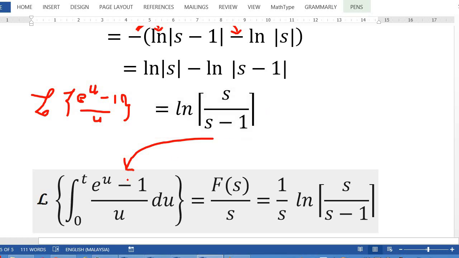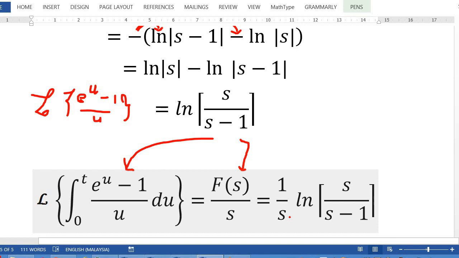And now what we want is the Laplace transform of the integral of e to the u minus 1 over u du from 0 to t, where you use the Laplace transform of an integral. The result is F(s) over s, where F(s) is ln s over s minus 1, and then divide by s. So lastly, the result is here, divided by s.